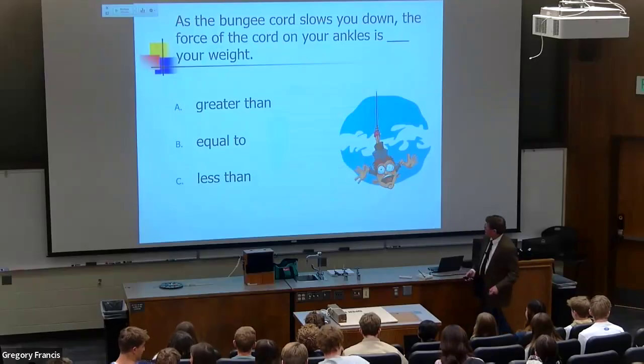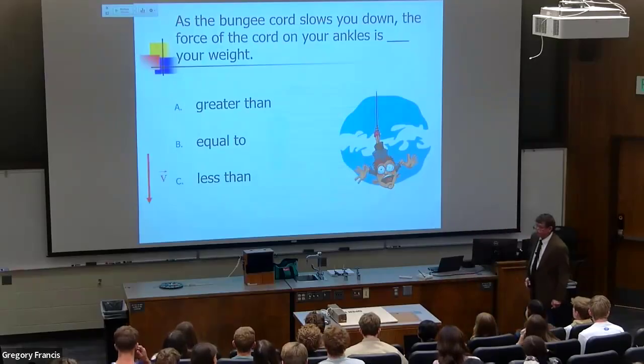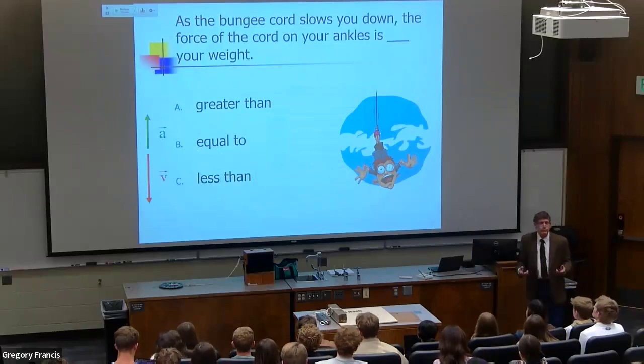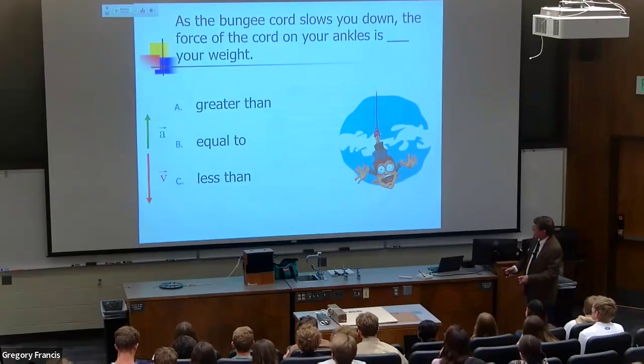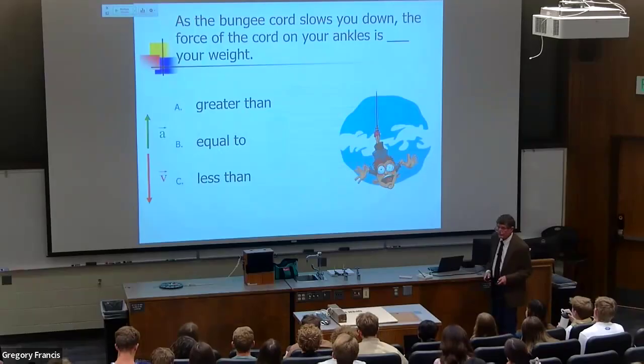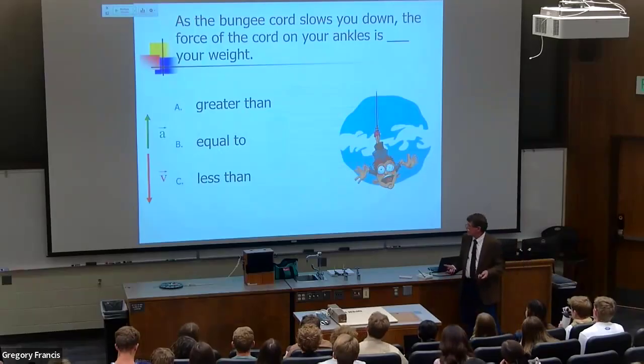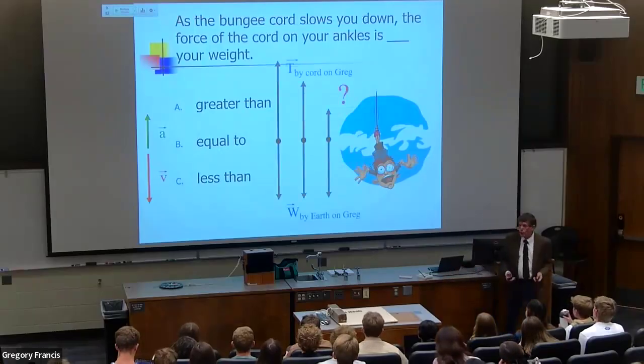Here we're talking about two forces that are on the same free body diagram. And remember, we always have two vectors that represent the motion of the object. We have the velocity vector, which is down because you're still moving down, and the acceleration vector that's up because you're slowing down. Well, one of those we have to ignore.